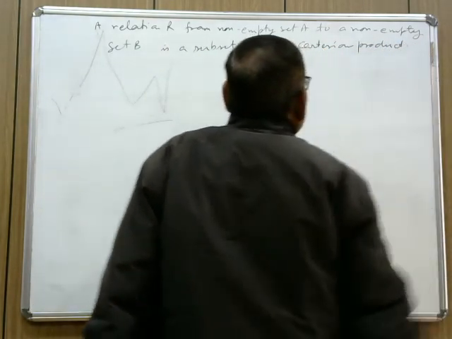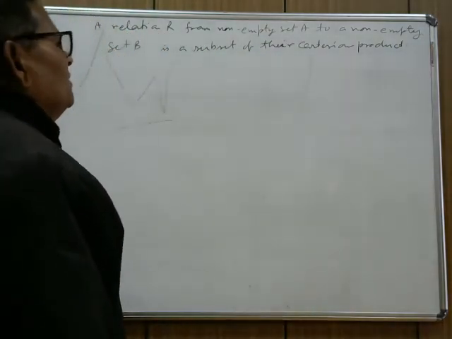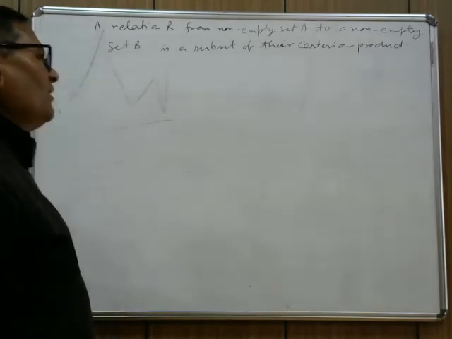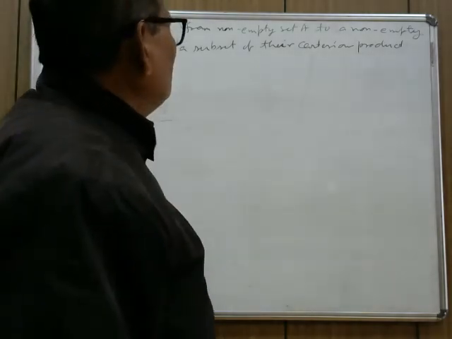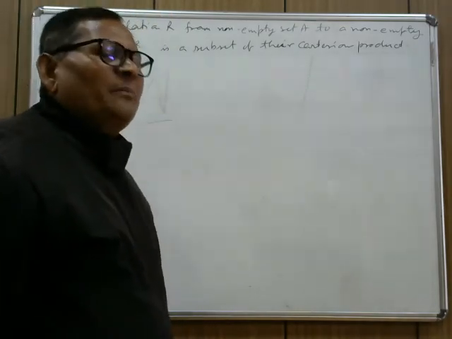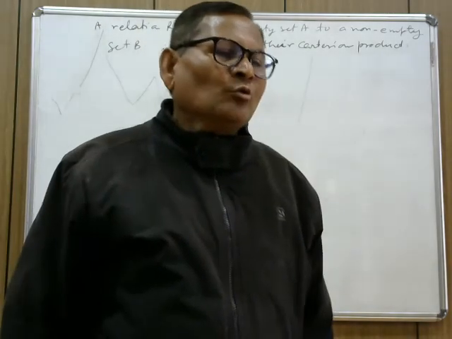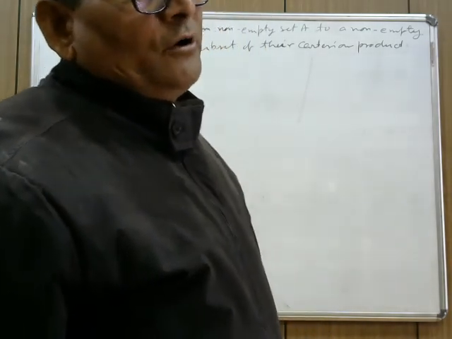Now you see relationship, when you are writing the elements of the Cartesian product, they are in ordered pairs and they have a specific relationship. Means the first element of each ordered pair is related to the second element of that ordered pair.